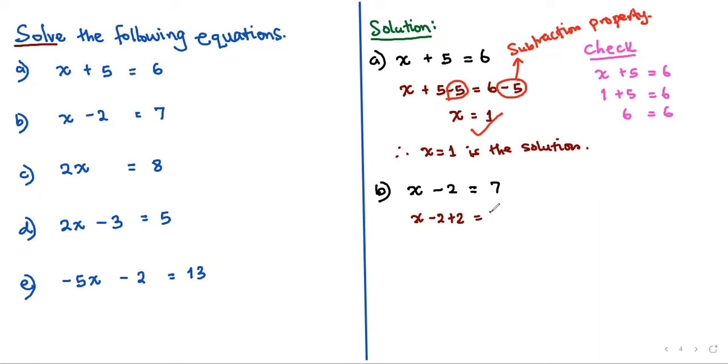But this is equal to 7 plus 2. Because we added 2 here, we must also add 2 here in order to have both sides balancing. Now, minus 2 plus 2 is 0, and we remain with x. Now, x is equal to 7 plus 2, which is 9.